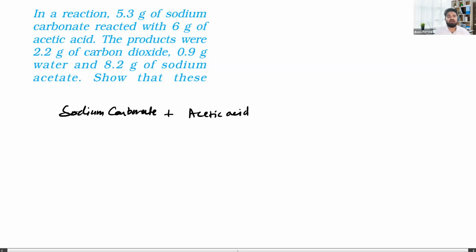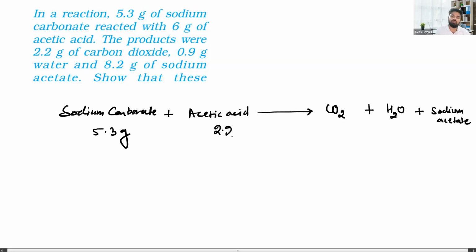The products obtained were 2.2 grams of carbon dioxide, CO2, plus 0.9 grams of water, H2O, plus 8.2 grams of sodium acetate.